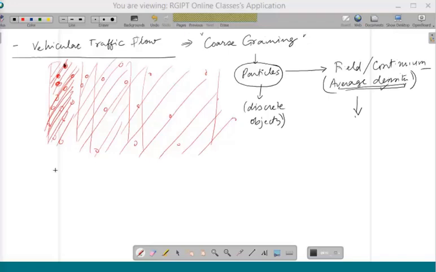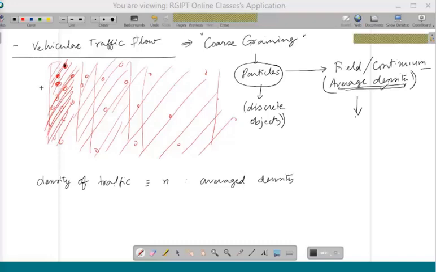Okay, so generally you can define the density of traffic. For example, here I can say density of traffic, which I'm going to call N, which is an averaged density.